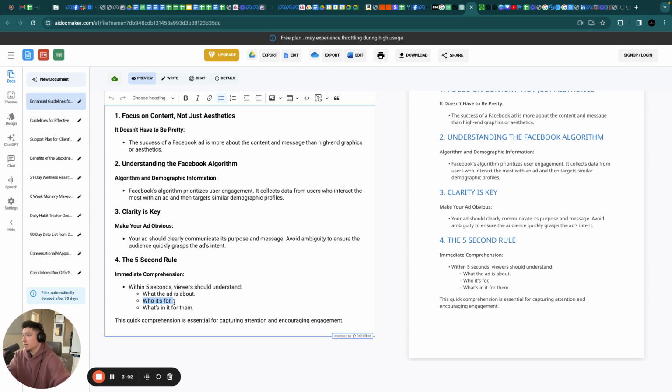Who it's for would be women, maybe you're only targeting women who want to lose weight. And then what's in it for them? This would be where you put your offer. For marketing agencies, this would be your free trials, your pay-per-show, your pay-per-signup, stuff like that. That's what's in it for them, that there's no cost. They get results before they pay for anything. Or for pay-per-signup, it's literally you only get paid when they get paid. So those are your offers.